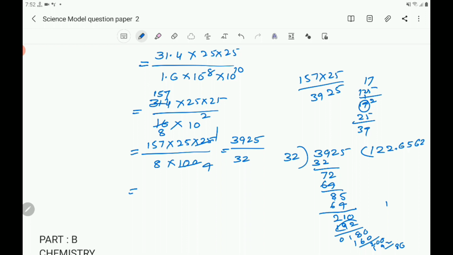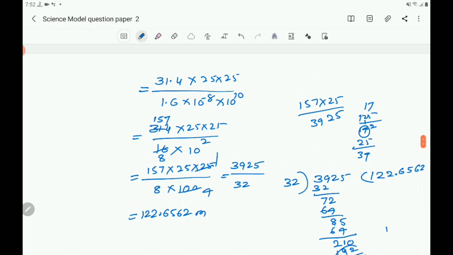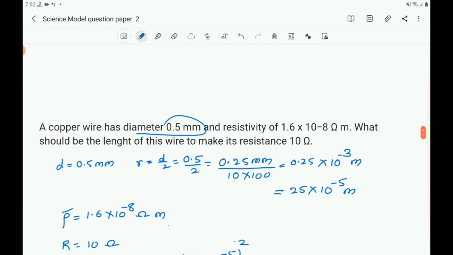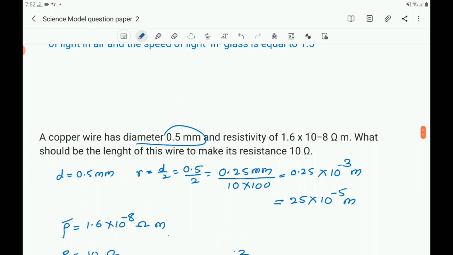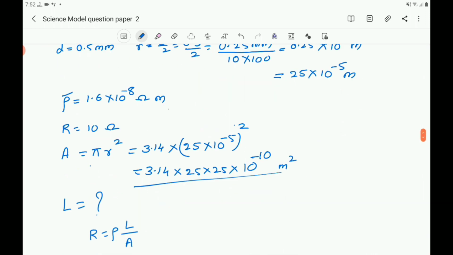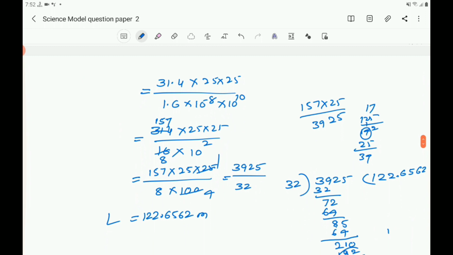So you will get 122.6562 meter. So L equals how much you got? 122.6562 meter. That is the length of the wire to make its resistance 10 ohm, approximately this much.